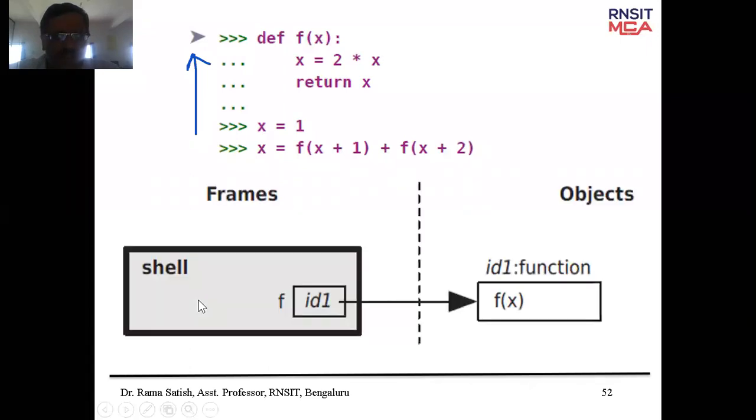Once it is traced, this is your frame shell. F is created. F is a function, and it is creating a memory. Even a function gets memory allocation. That is one thing you should always note: a function also gets memory allocation.